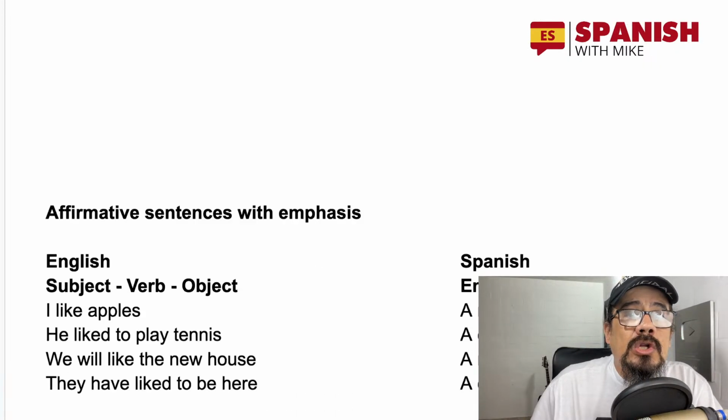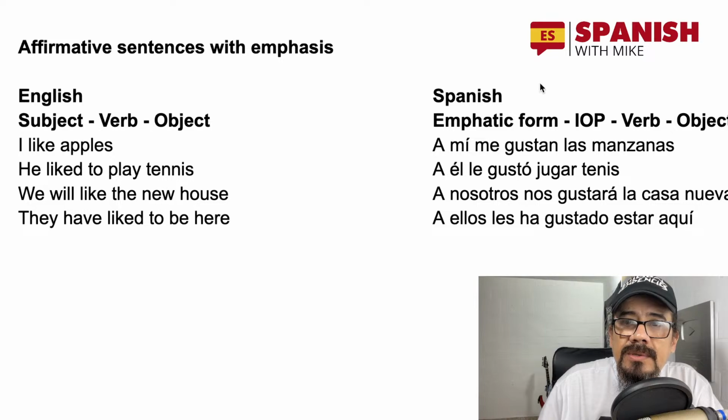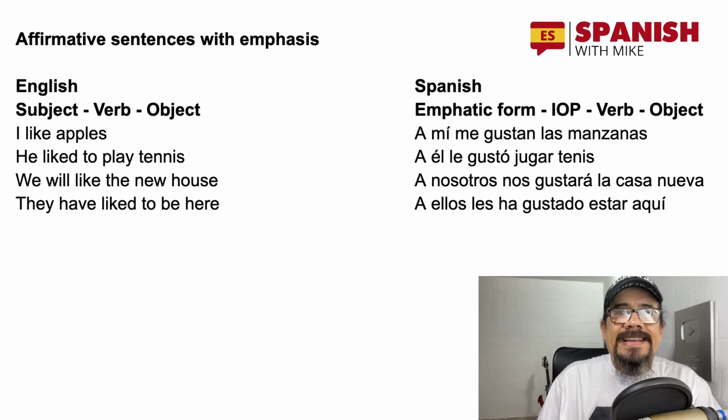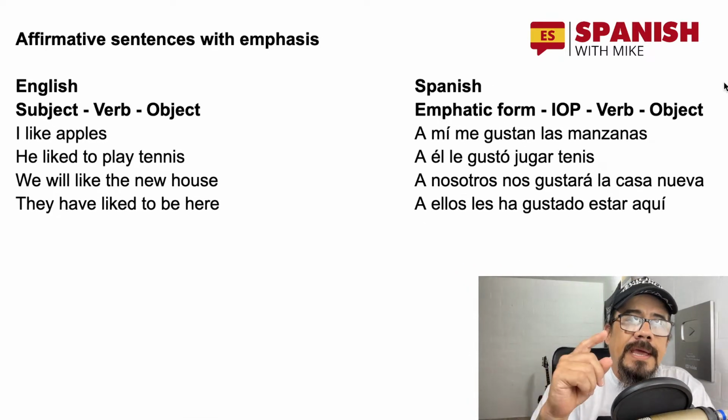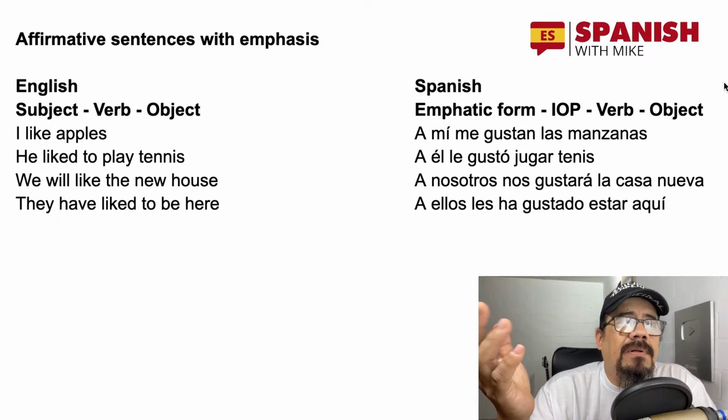So let's go to the next affirmative sentence structure, in the case in which we want to give emphasis to the sentence. Okay, there you go. In English, we have the same sentence: I like apples.